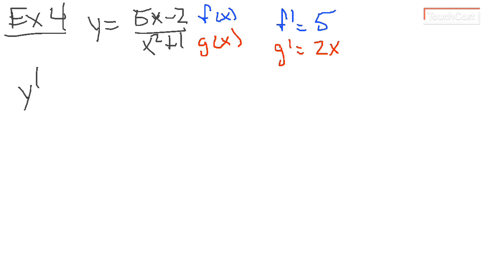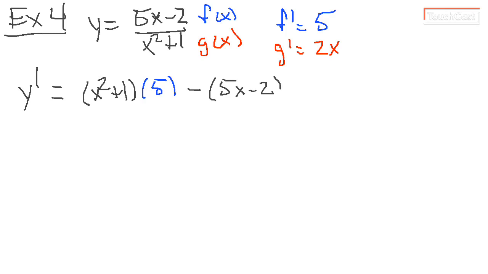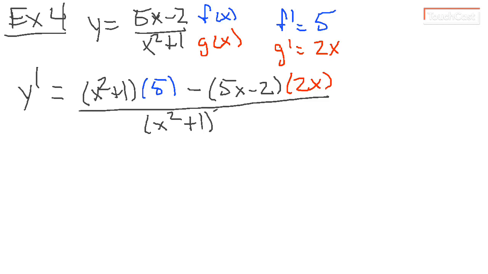We know g is x squared plus 1, so we're going to go x squared plus 1 times f prime is 5 minus, excuse me, f, which we know is 5x minus 2 times g prime, which we know is 2x. We put all of that over g squared. So we're going to have x squared plus 1 squared.